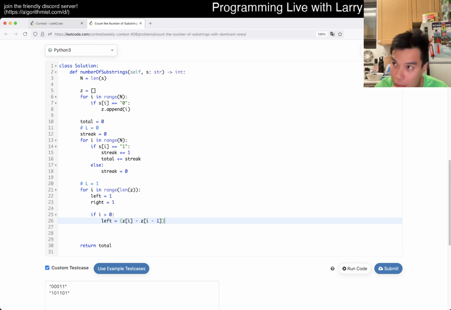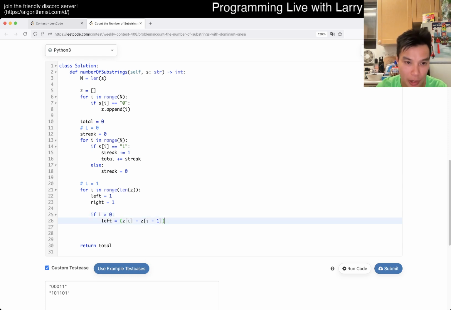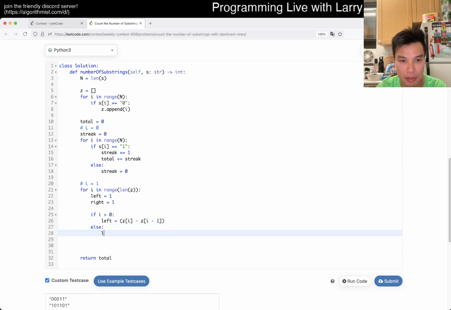Because also this is not right for I 0 to 0 anyway, but it's degree of freedom though. So I think this is right for degree of freedom. Else then left is equal to Z sub I, because we're in the first, if the index is 0, then no degree of freedom.